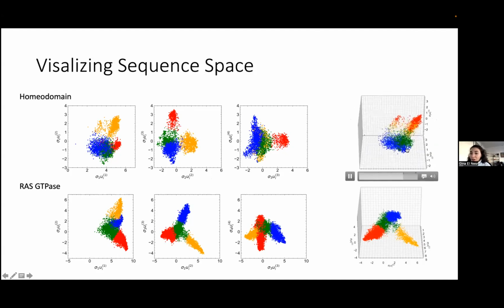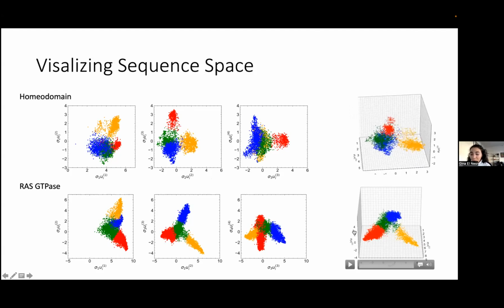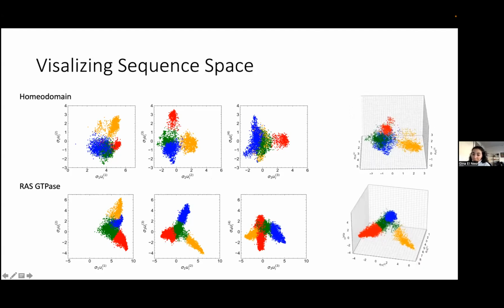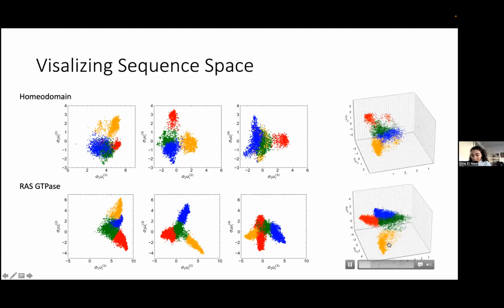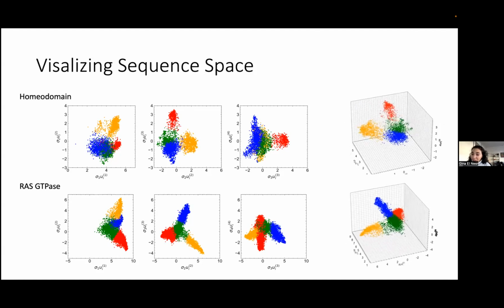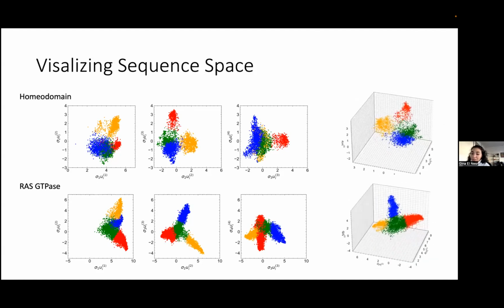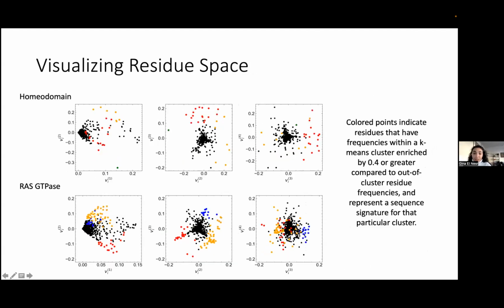And they are all very similar in their sequences. I'll show you what that looks like when you do a more rigorous analysis. But with RAS, you see a similar thing happening, where it forms this kind of pyramidal scheme, and they all cluster on their own into their own separate little niches. And so those are the visualized sequences.